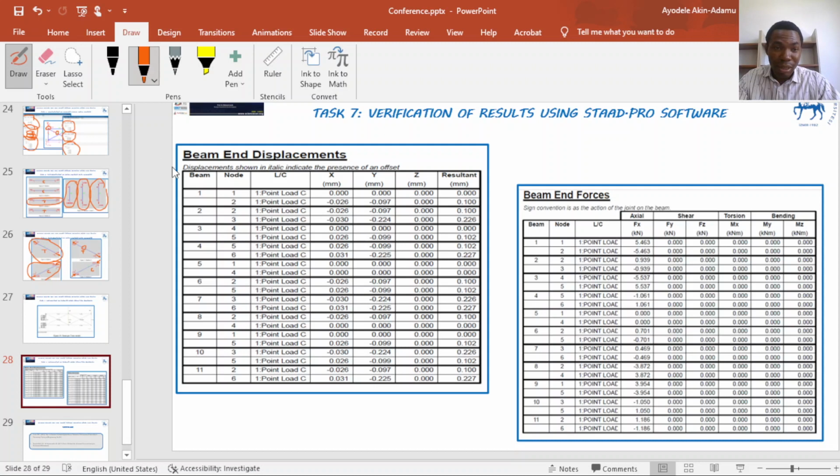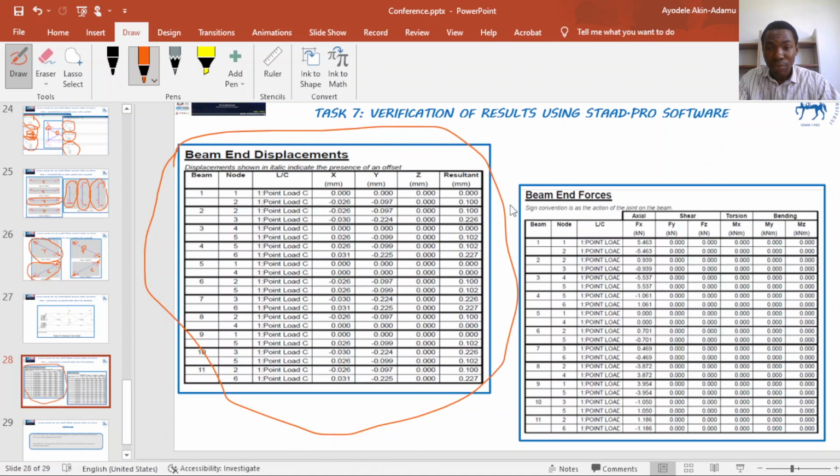This is a table for the displacement quantity from the software. This is a table for the forces in the x and y direction from the software. It was found that the results were exactly the same. So it's as if the software is also using the finite element procedure for truss analysis.